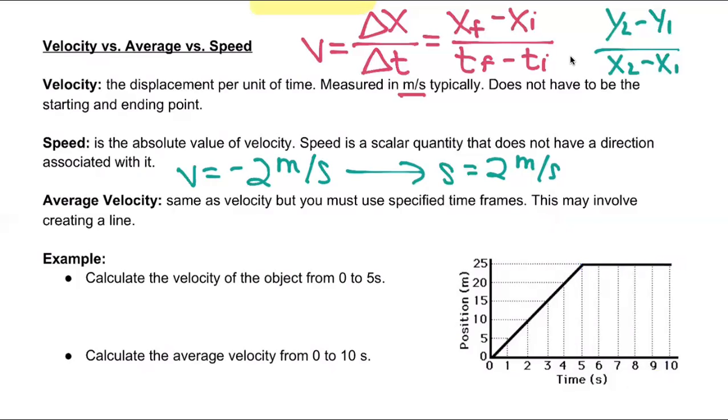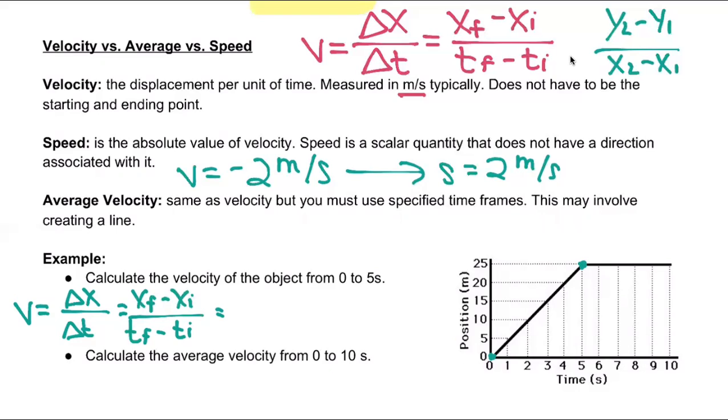So we're going to start by calculating the velocity of the object from 0 to 5 seconds. We can use our equation delta x over delta t, which is really xf minus xi over tf minus ti. Now we can pick any 2 points along this line. Personally, I'm going to pick my starting and ending points because I like to use 0, 0 to help me out.